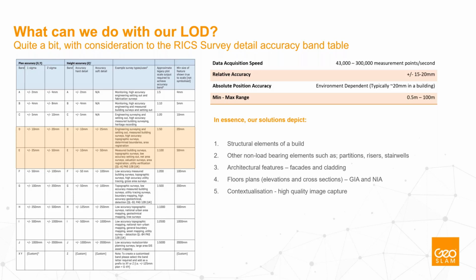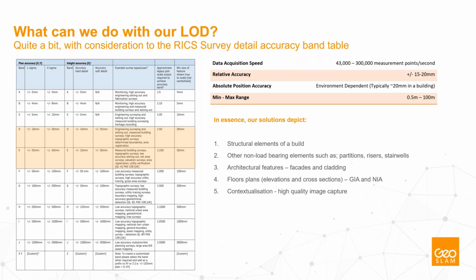It's possible to create and depict such things with GeoSLAM solutions as structural elements of a build, non-load-bearing elements such as partitions, risers, and stairwells, architectural features, facades and cladding, floor plans, and contextualization.